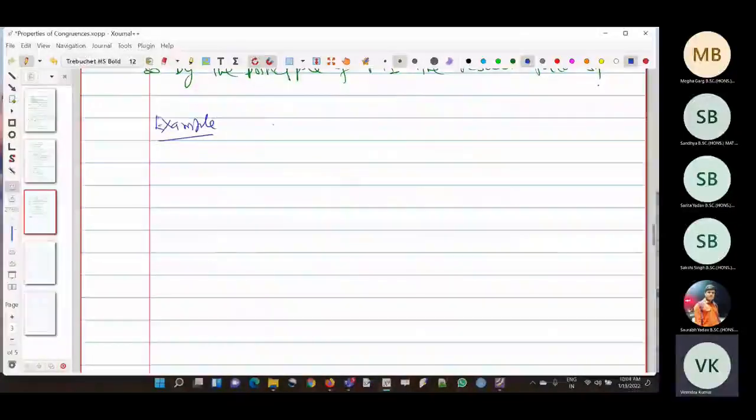There is one result that is... or we can find the remainder like this.